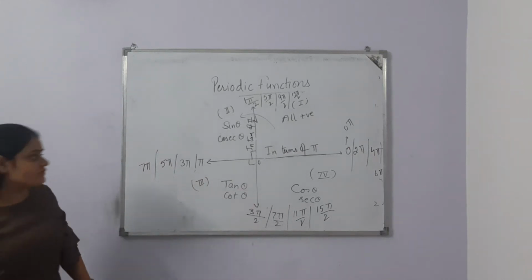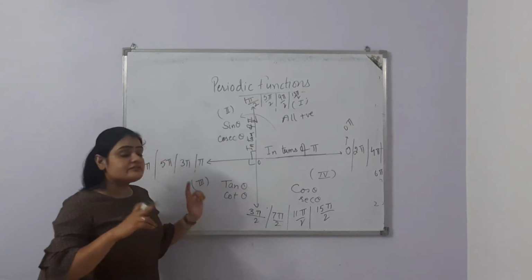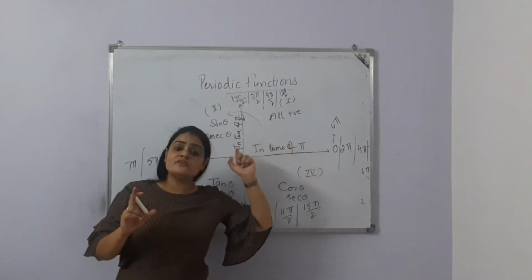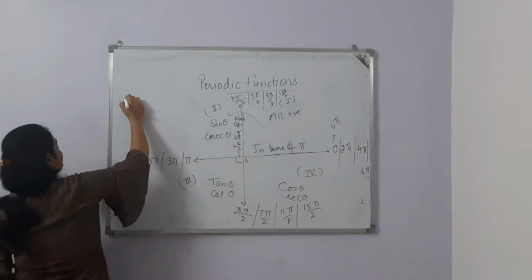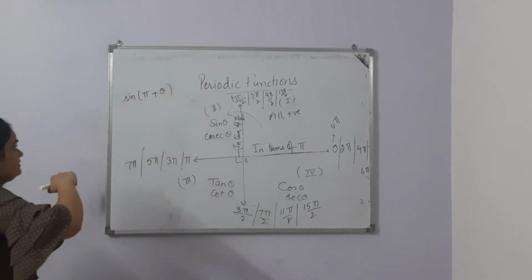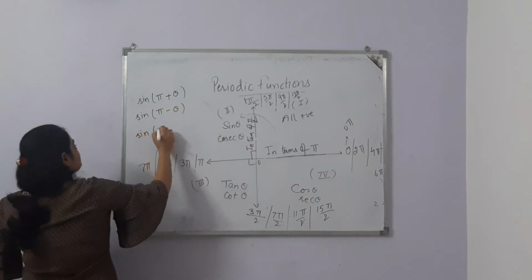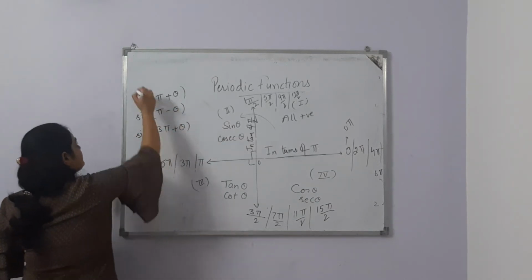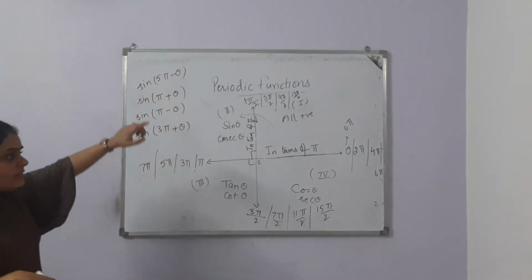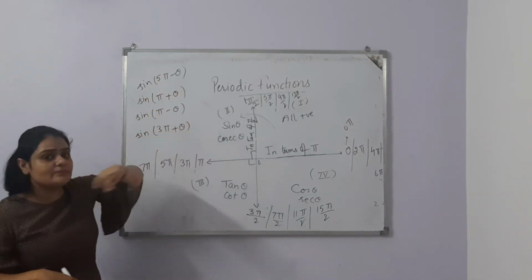Now let's remember one thing more: whenever a trigonometric ratio is coming with an angle in terms of pi, that means if we are having sine pi plus theta, let's take any theta, even sine pi minus theta, sine 3 pi plus theta, sine 5 pi minus theta, that means all angles are coming along with pi, 5 pi minus, pi plus, pi minus, 3 pi plus.